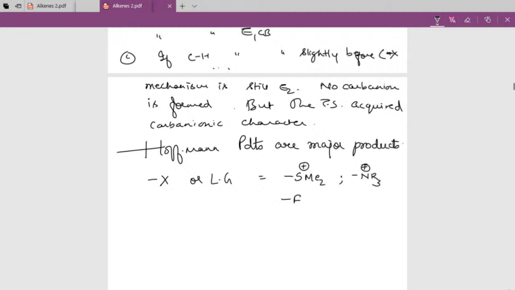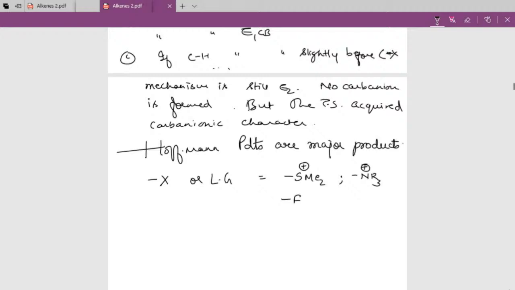Fluorine itself, bond energy being higher, will go by a slower rate and its inductive effect will generate slight acidity in the beta H. So overall the answer becomes E2.